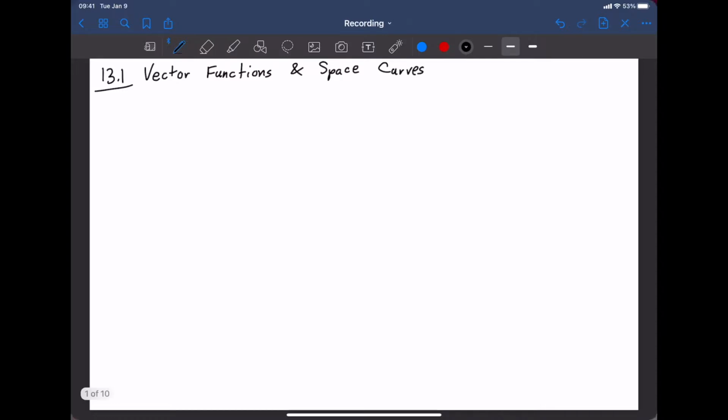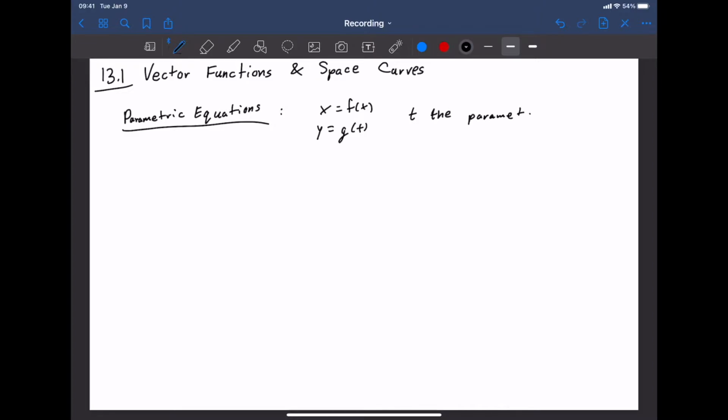In that way, they're very similar to parametric equations. And in fact, we are going to use some of the same notions we had from parametric equations, such as we have x equals a function of t, and y equals a different function of t, and we call t the parameter. You might be able to see where this is going.